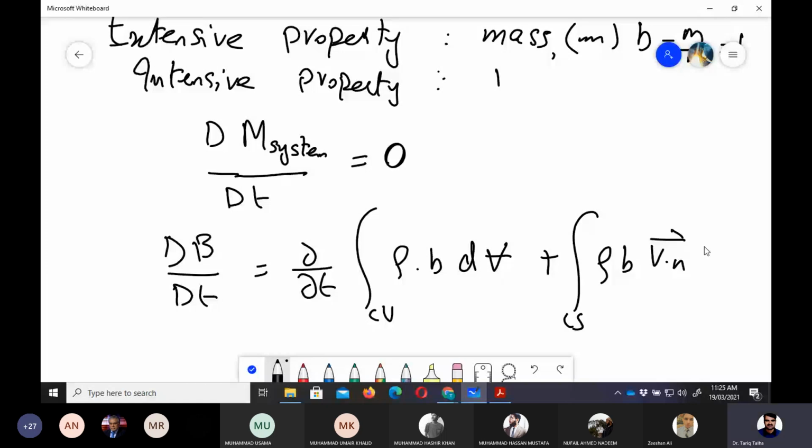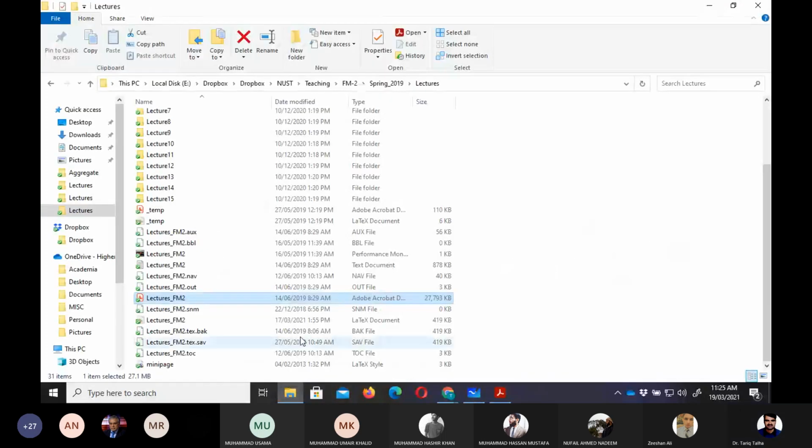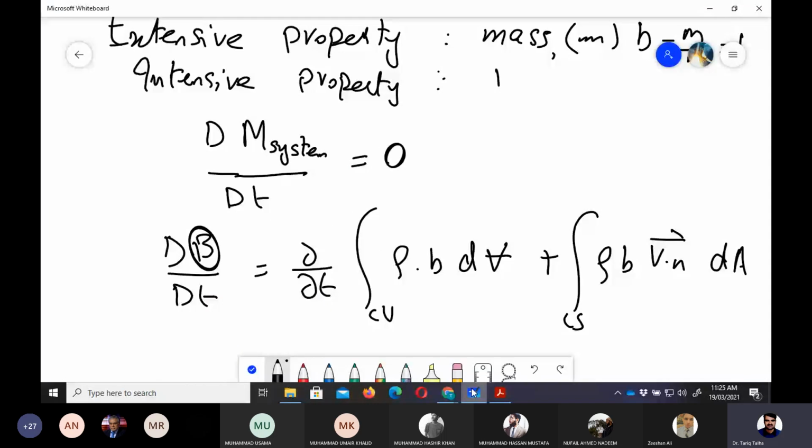As I mentioned, capital B in this case is the mass of the system, and small b here should always be 1.